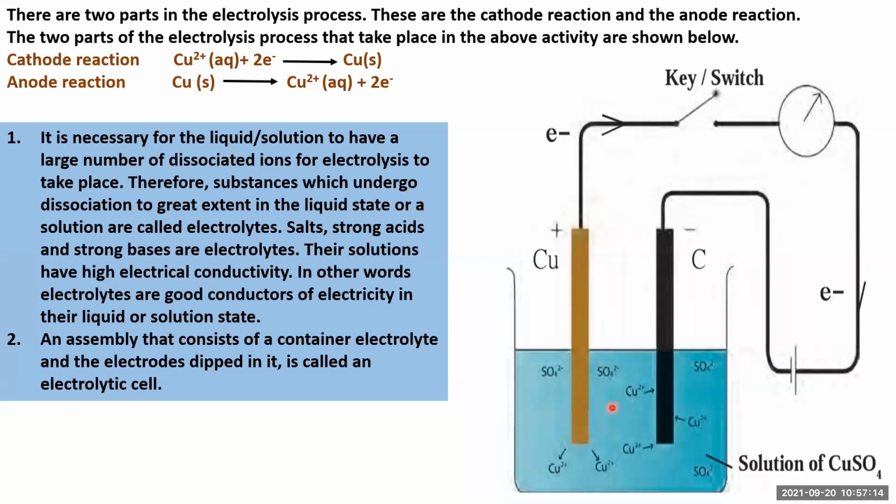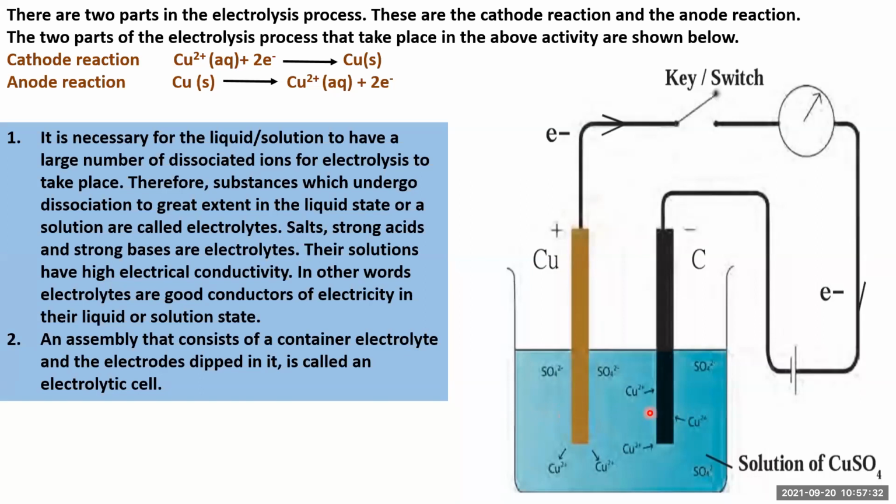The main content of electrolysis is to understand the electrodes, the electrolytic solution, the electrolyte and the electrolytic cell. The electrolytic cell consists of two electrodes and a solution of electrolyte.